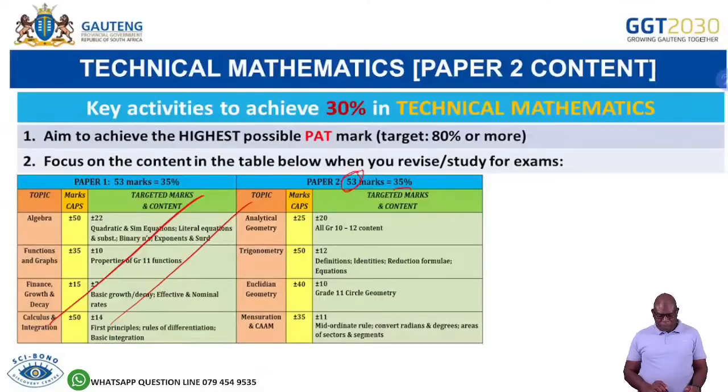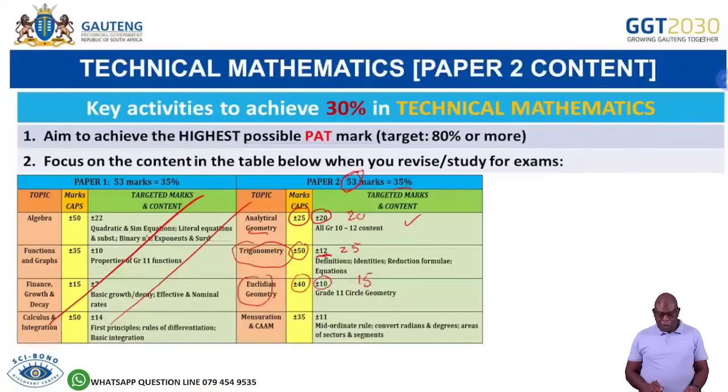So let's check. In analytical geometry, plus minus 25, if we can get plus minus 20 marks, we are good to go. But some of them I'm going to change. Like in trigonometry at 50 marks, I don't think 12 is enough, 12 is very low, so we can increase that to plus minus 25. In Euclidean geometry, 40 marks, 10 marks I think is very low, we can increase that to 15.